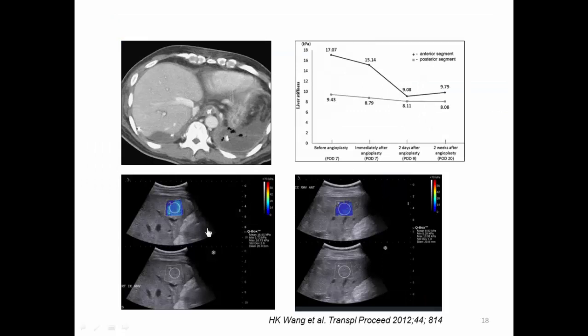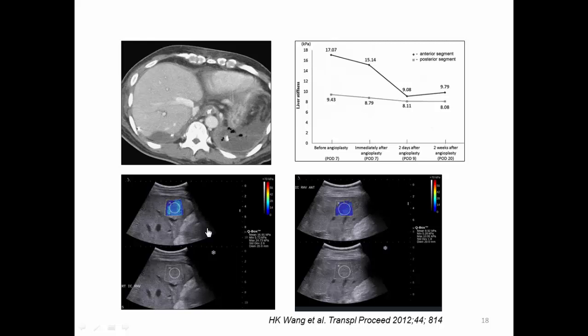And this is the case with liver transplant, and he suffered from hepatic venous stenosis shortly after transplantation. And we are using supersonic shear imaging to evaluate the liver stiffness before angioplasty of this venous stenosis, and we compare the stiffness before and after the angioplasty.